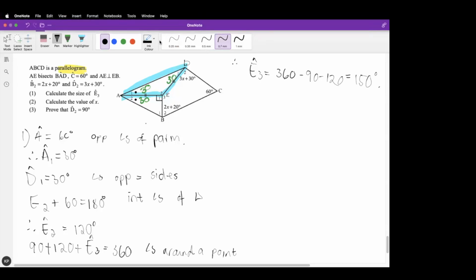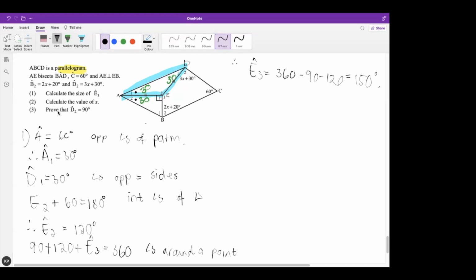How are we feeling about that one? You good with number one? Okay, Sai, where did I lose you? Let's go back. At D1. Okay, Sai, maybe it's the blue highlighter that's messing up everything.